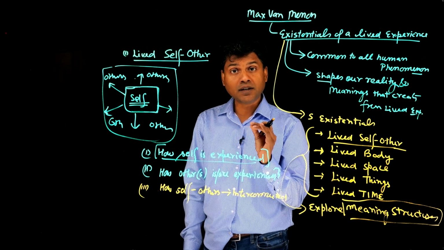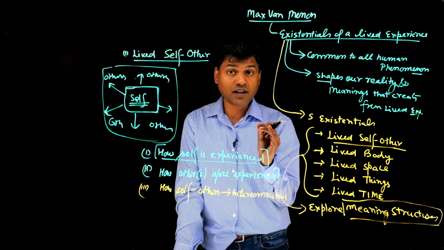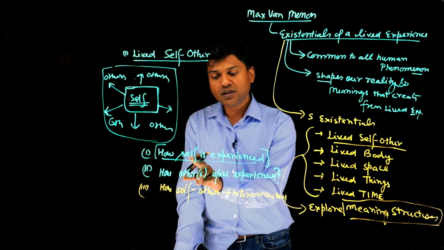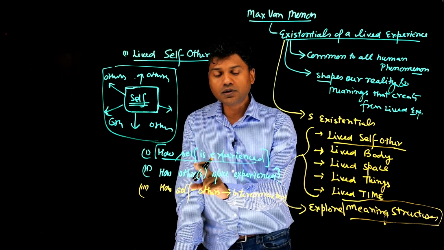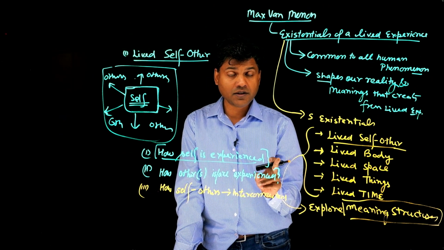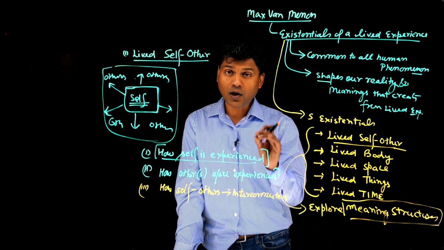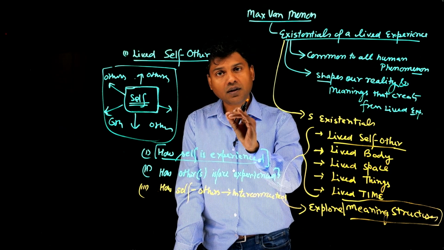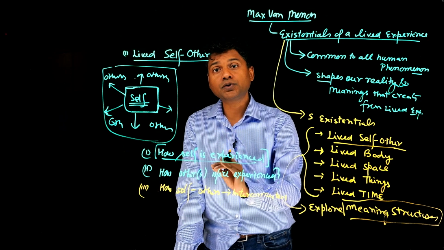And what I'm asking myself is how the self of the research participant is experiencing this phenomenon, how others are being experienced related to it, and how my research participant is experiencing connectedness with people around himself, herself.